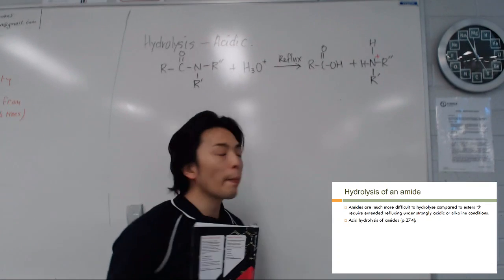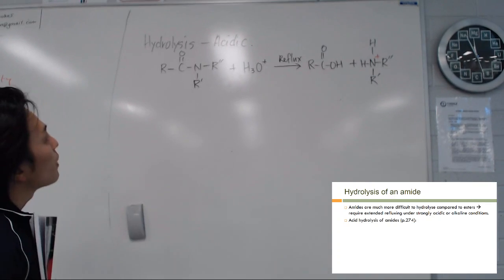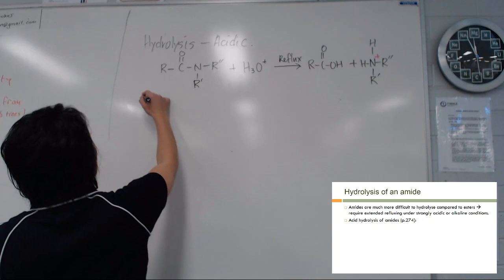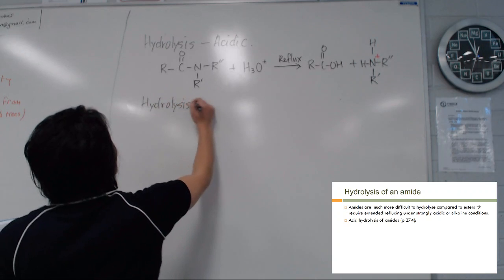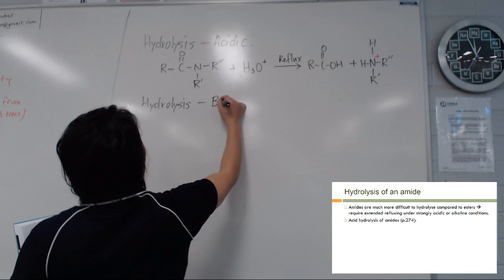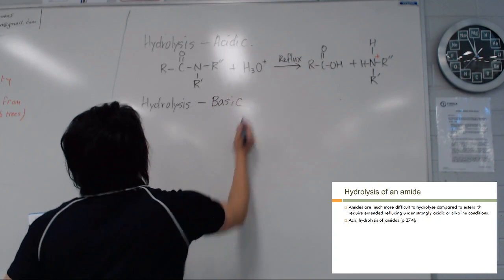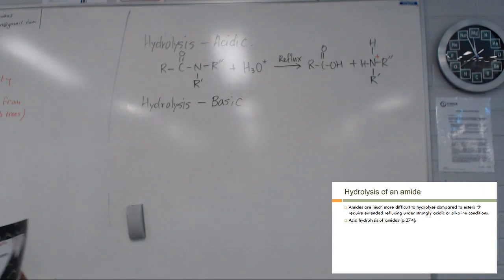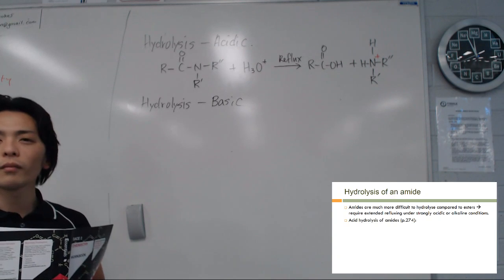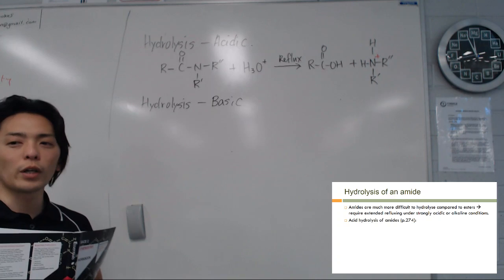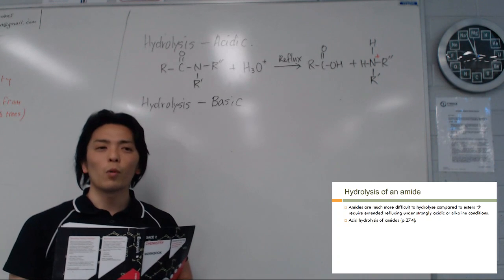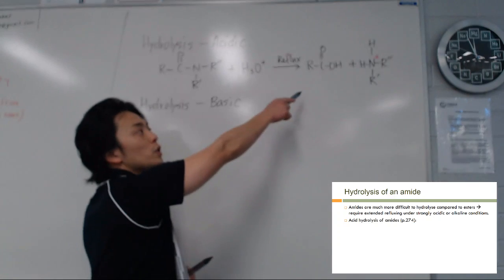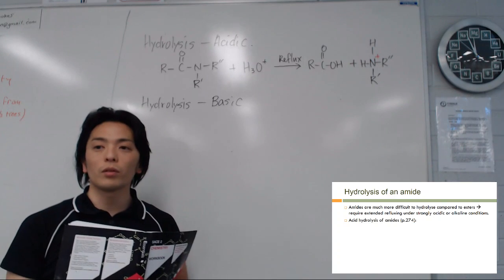Okay. All right. When you have acidic condition, you could also have basic condition. What do you think you'd get? One of the products was carboxylic acid in acidic condition.